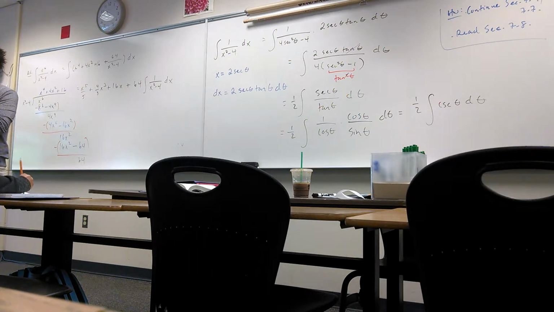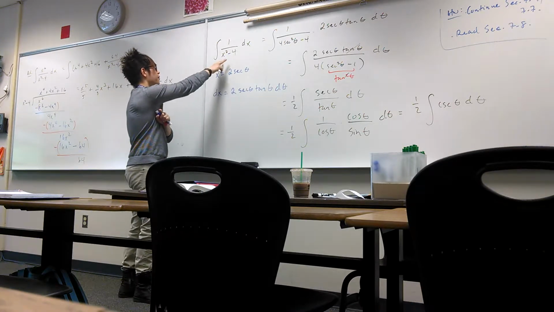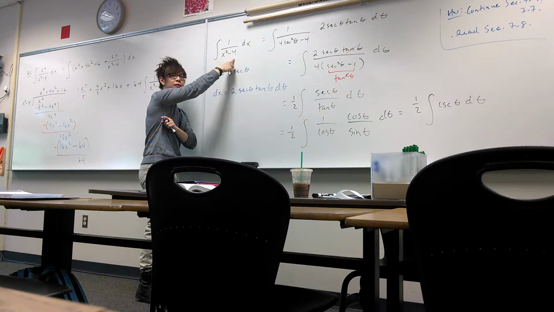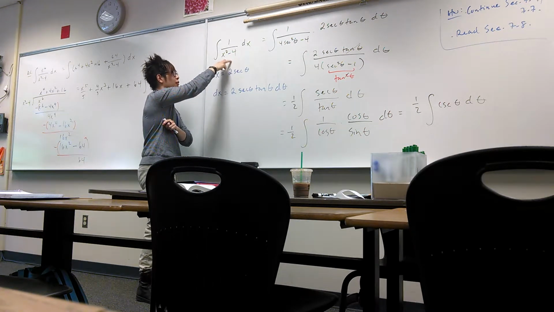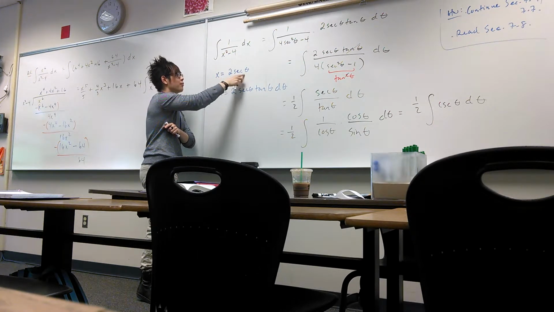Going back, I kind of got lost where x equals 2 secant theta. If you go back to the trig substitution subsection, you look at this form, it's of the form x squared minus some constant squared. So the substitution is x equals the square root of that constant, which is 2, square root of 4 is 2, times the secant of theta.